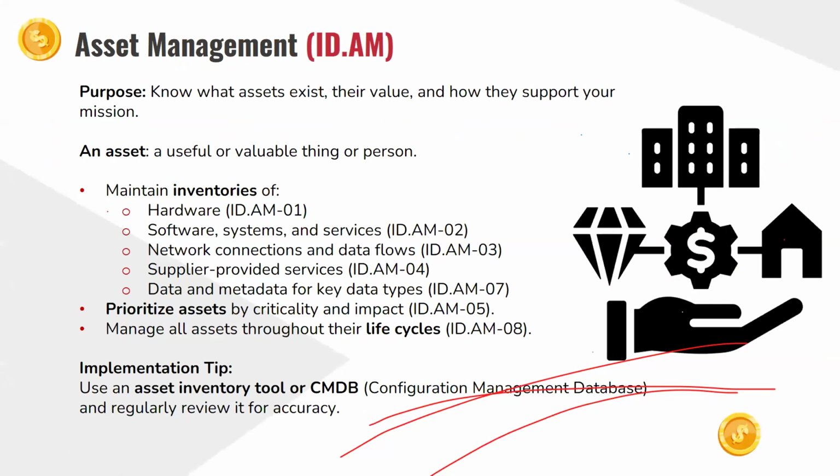The first category under this is asset management. An asset is any useful or valuable thing for your organization. Even as an individual, you have assets: things which are important to you, which are of value to you. It could be your pet, your dog, or monetary things like money or properties.